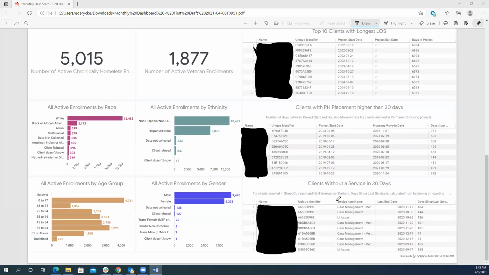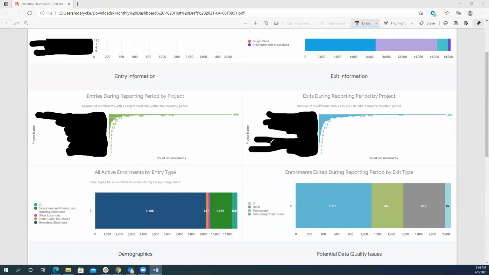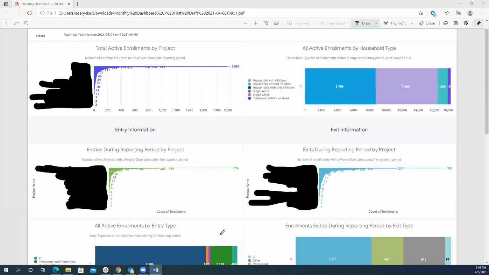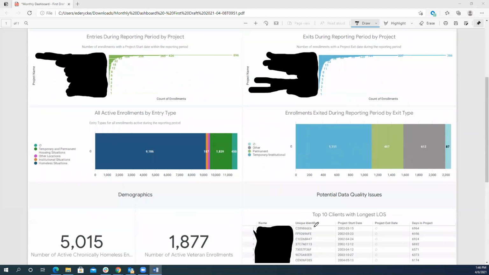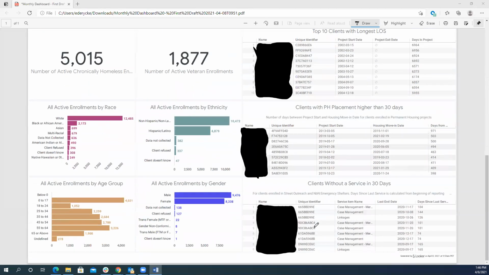We could probably do it either way. It could be like a second dashboard that's a detail of all of this stuff. But yeah, we would for sure want you to have some way to find out who all these specific people are. So we'll figure out the best way to do that.